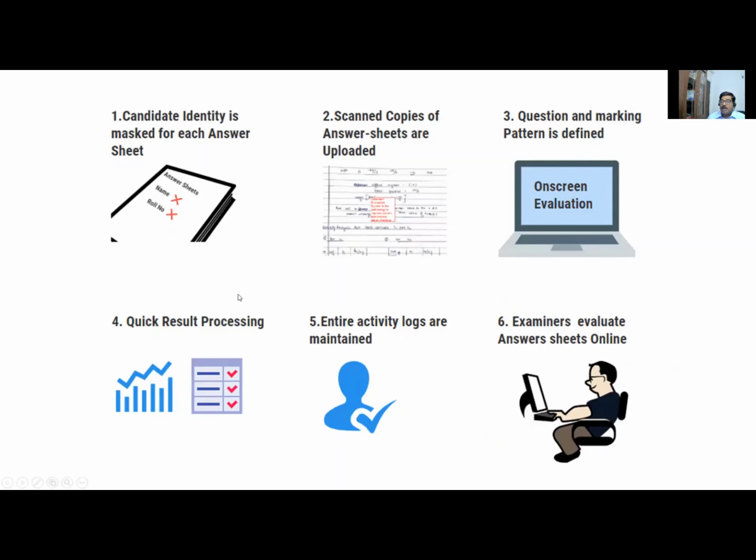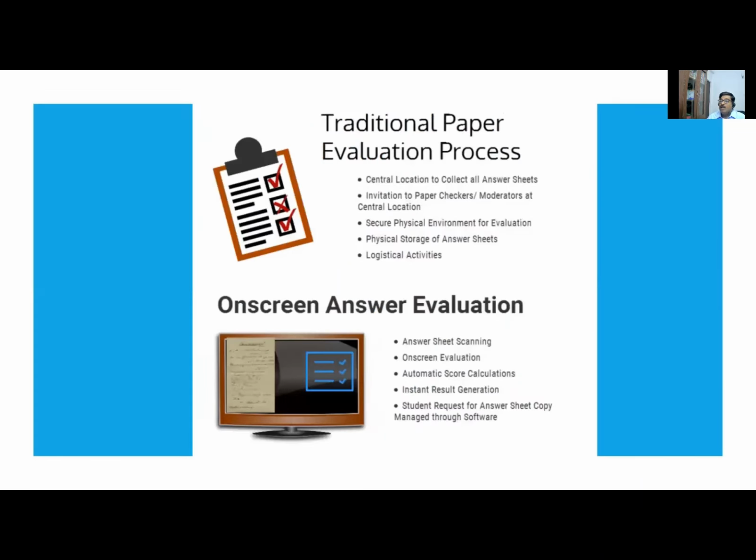Once the evaluation is done, almost immediately the results can be published, and the entire activity logs of the evaluators and the scanners are kept online on a server until the university destroys them. In the traditional paper system, the university receives all the papers, puts a dummy numbering, and passes them on to the evaluators.